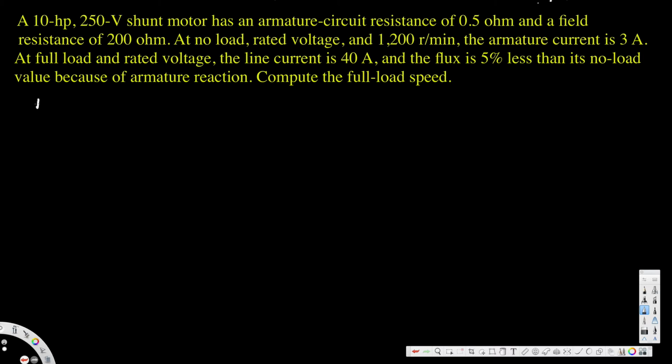Here the question is asking for the full load speed, that is NFL. First let's draw the circuit. RF, this is RA, and then here we have EA.